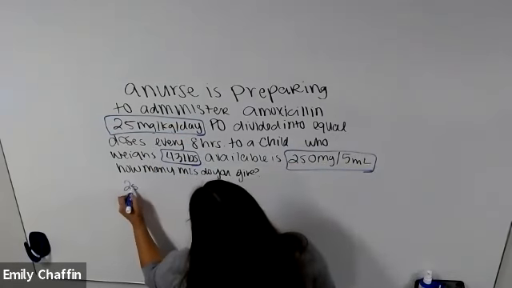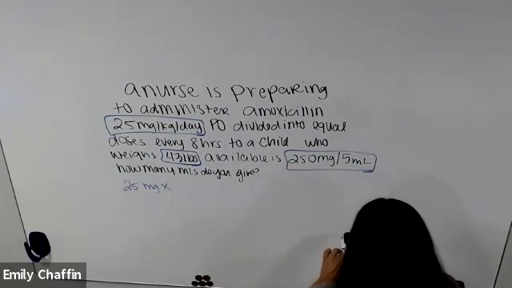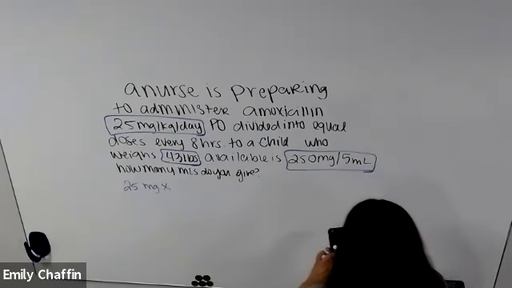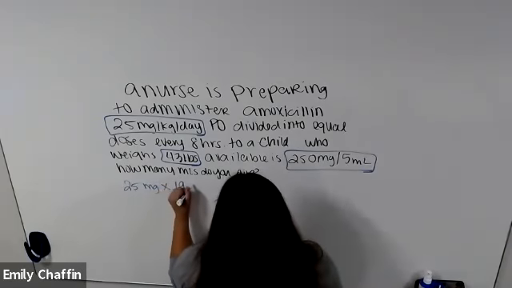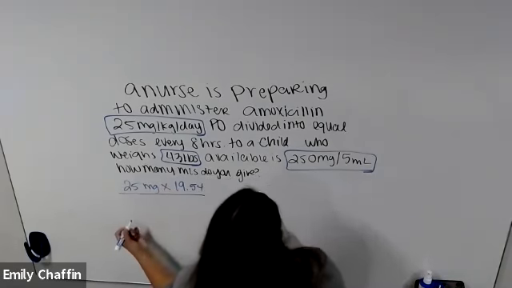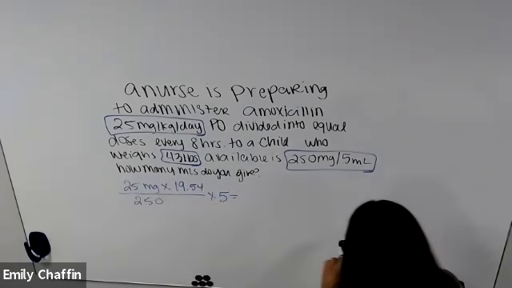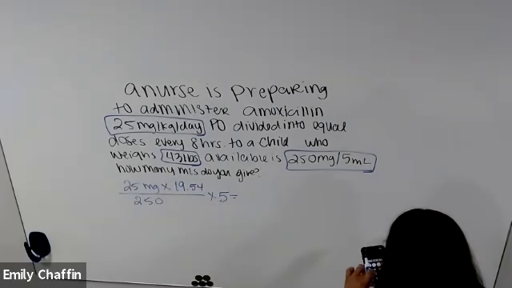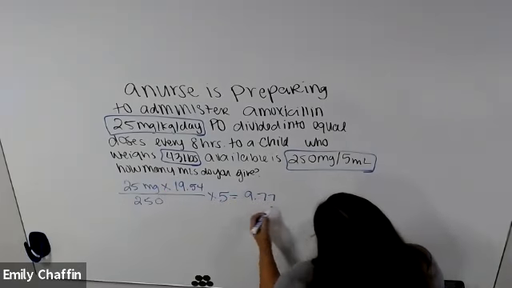So essentially 25 milligrams times 43 in kilos over 250 times 5. So I got 977 total for the day.